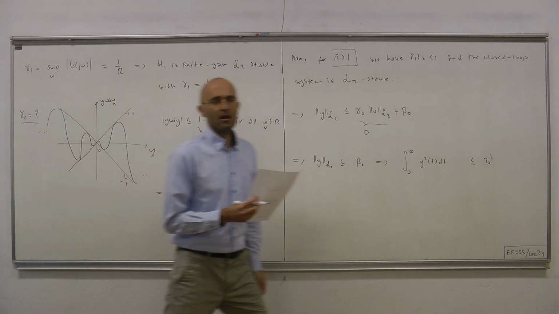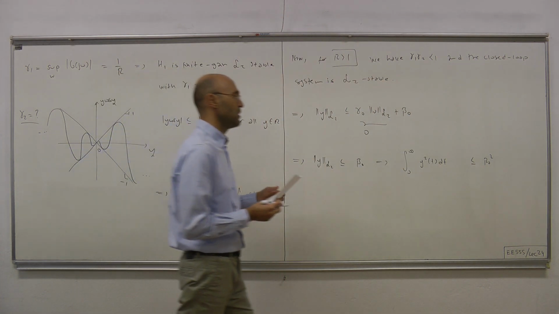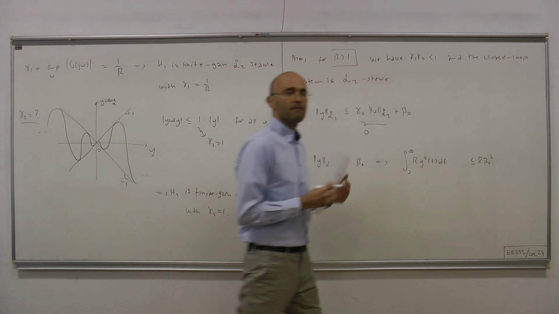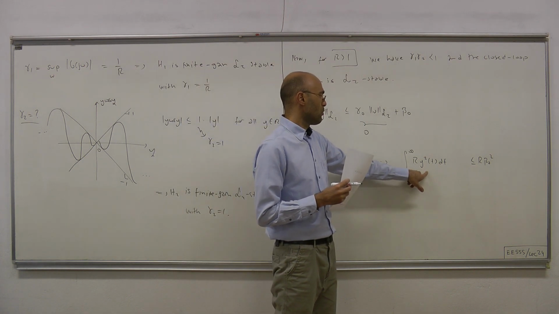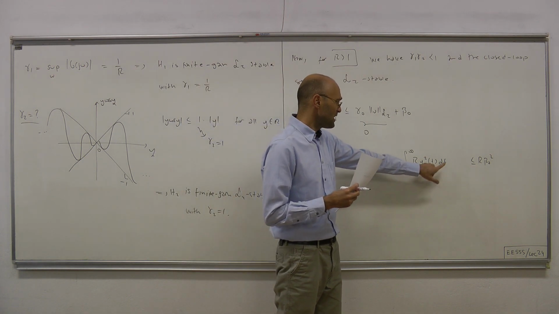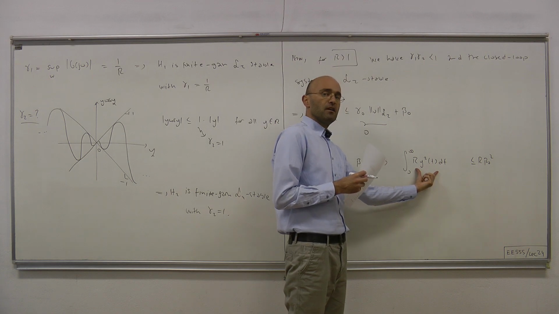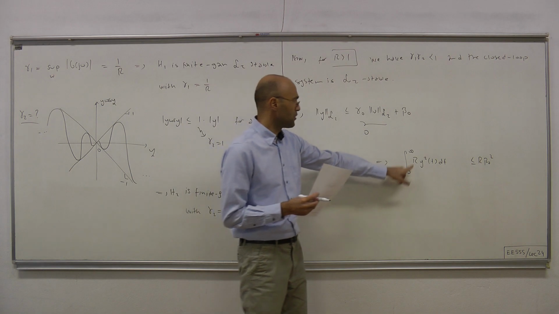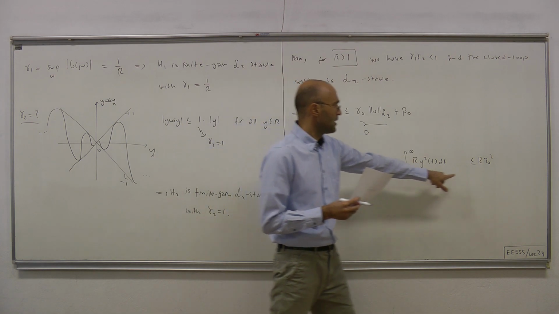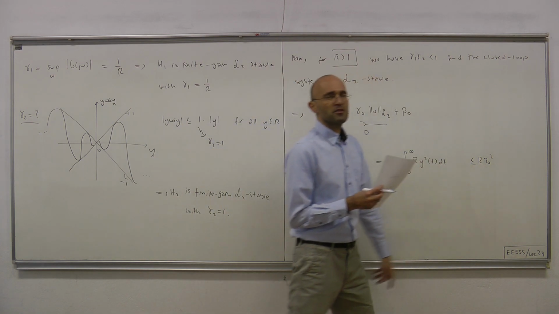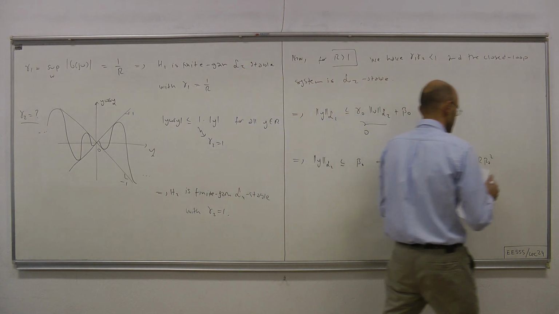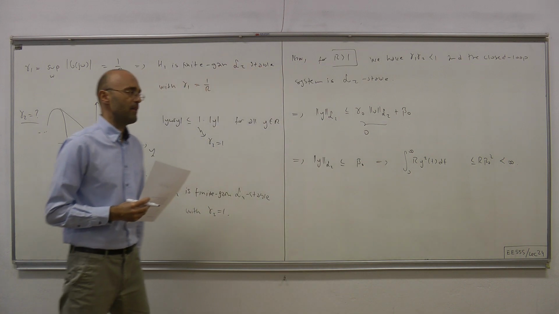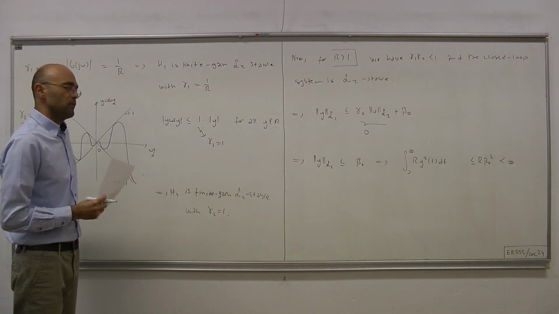Then we can multiply both sides with the positive constant R. If you do that, R times y squared integrated dt, this is the power of the resistor, and this is the overall heat dissipated on the resistor from 0 to infinity. And that's less than or equal to this constant times beta 0 squared. In other words, it's finite. And that was what we were trying to show.